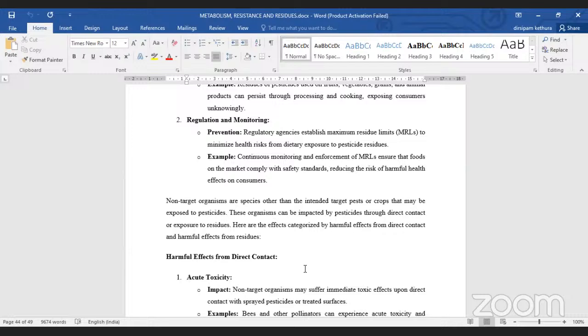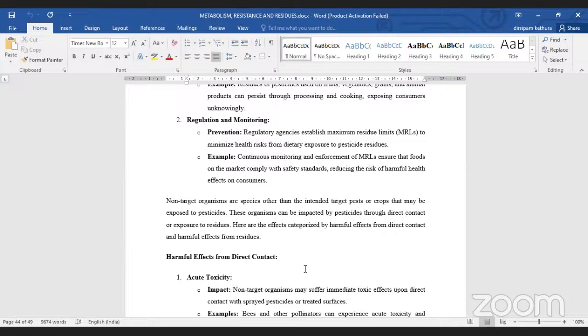And now we are going to talk about effects of pesticide residues on non-target organisms. There are two things which we are going to study under the effects on non-target organisms.